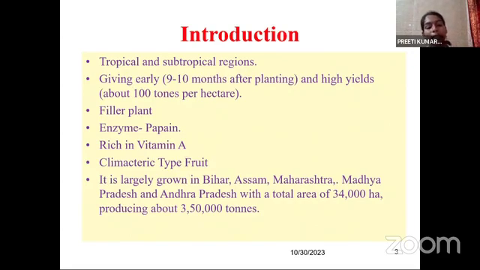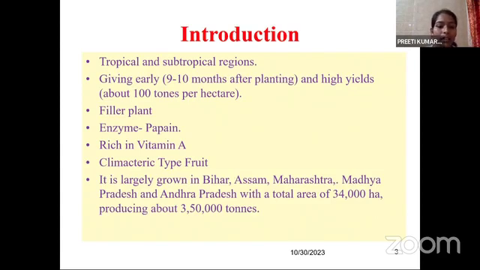Climacteric basically means that after the fruit is harvested, it still ripens. It releases the hormone ethylene, and after harvest it can ripen. So papaya is a climacteric fruit; after harvesting it can ripen and we can consume it.